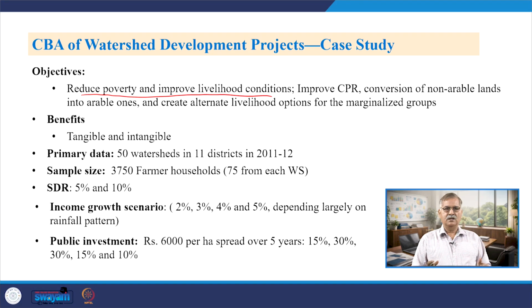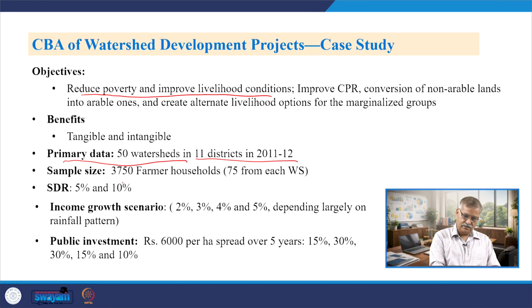Non tangible means water table will go up, vegetation will go up, and primary data we collected from 50 watersheds in 11 districts of Uttar Pradesh, and sample size was 3750 farmers. We collected data from 75 farmers from each watershed.